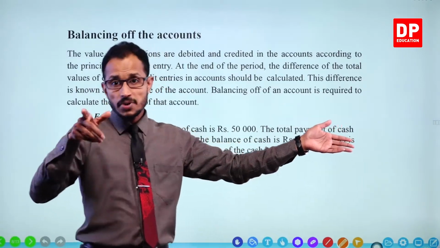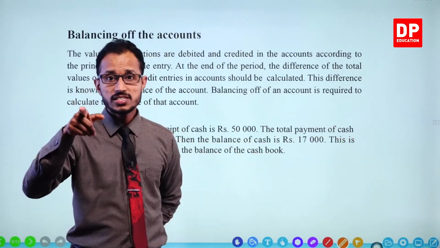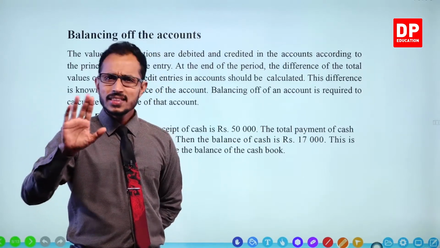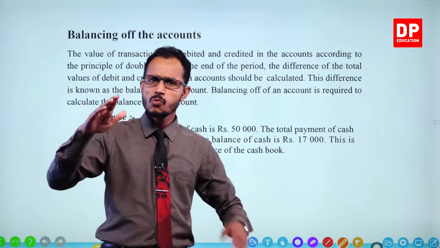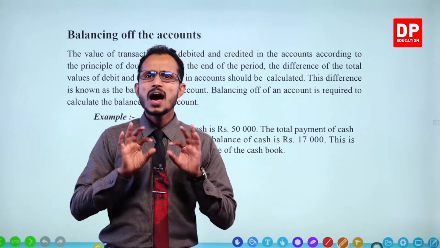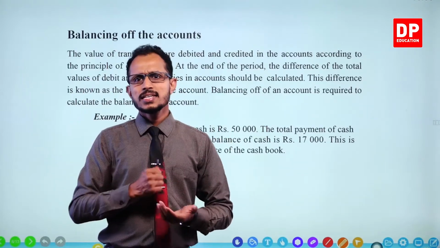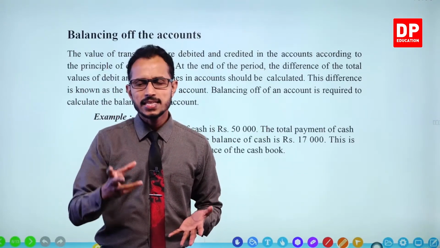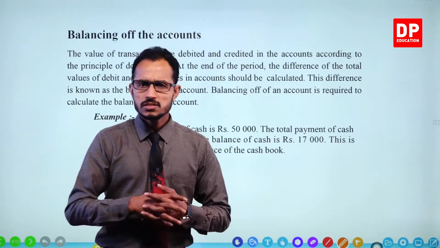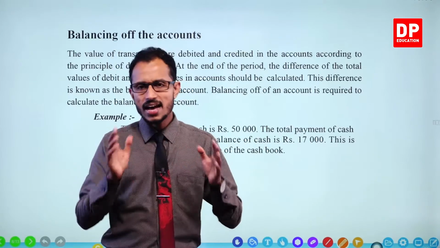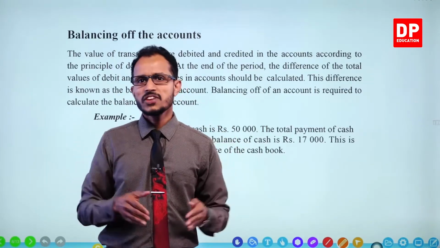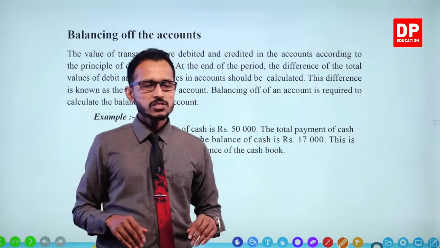You're going to learn about financial statements later on. That differs from one business to the other. There is no hard and fast rule stating that every business should prepare their financial statements and balance their accounts within a certain period of time.